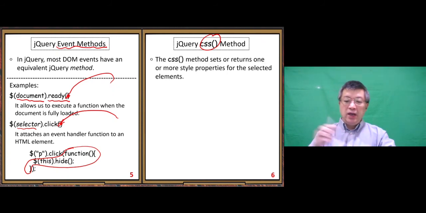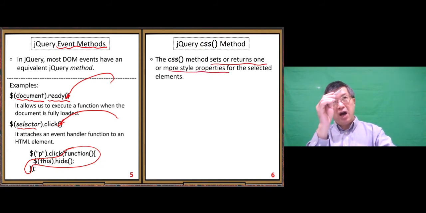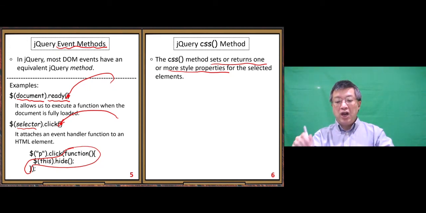The CSS method sets or returns one or more style properties, your CSS style properties, multiple, for the selected elements. Very useful.